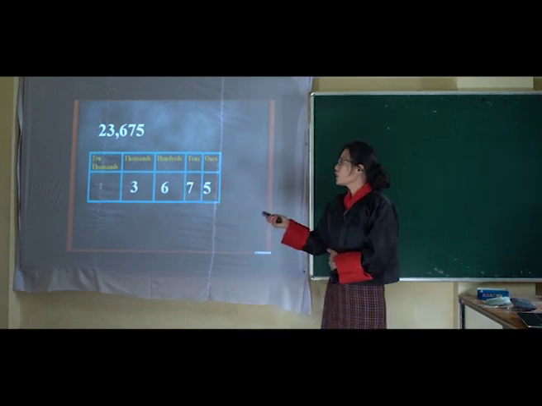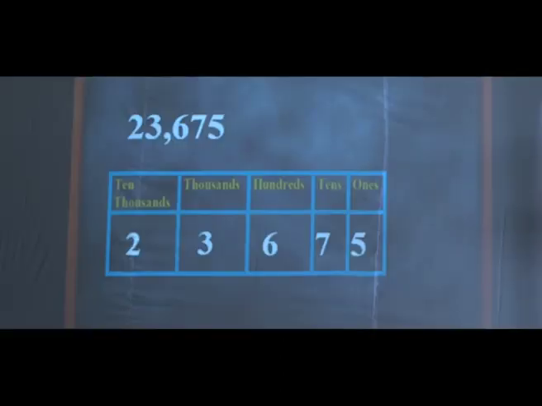So we have 2 10,000s, 3 thousands, 6 hundreds, 7 tens, and 5 ones. 2 10,000s and 3 thousands make 23,000, right? Then we have 6 hundreds, 7 tens is 70, and 5 together we say 75.